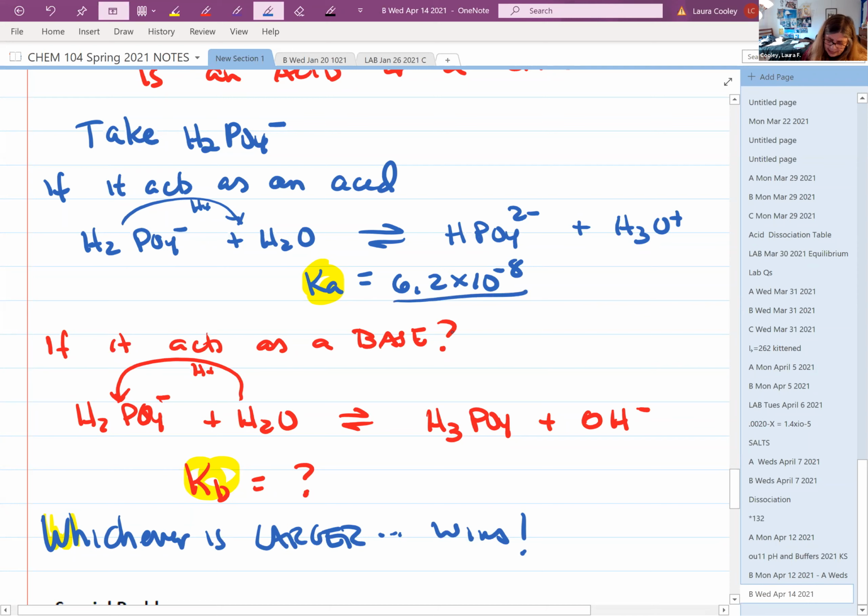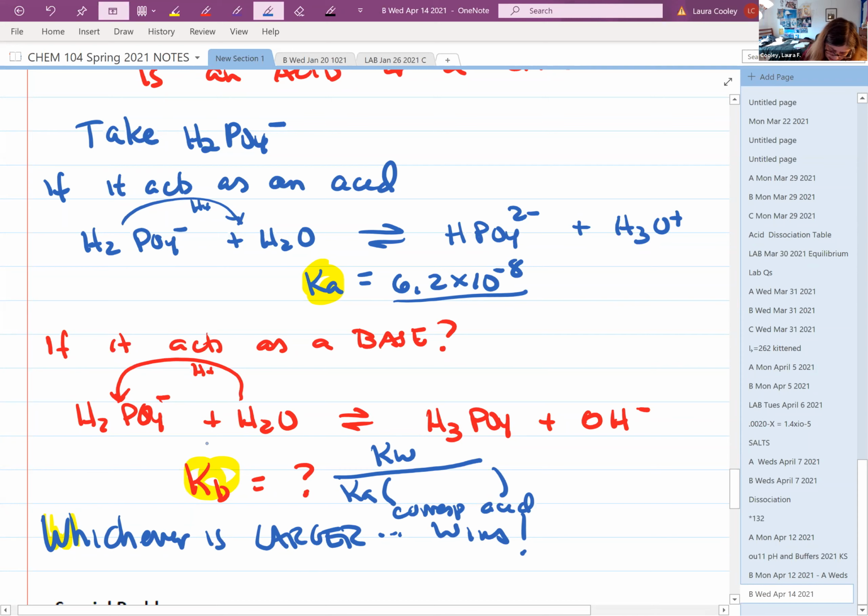All right, so we know what Ka is, but Kb, well, now we can use the fact that Kb for any conjugate base is Kw over Ka for the corresponding acid.